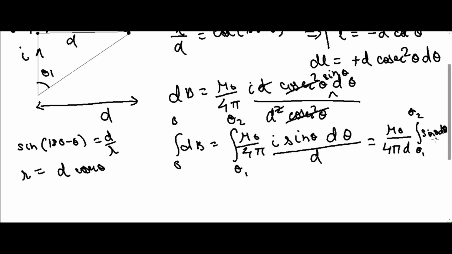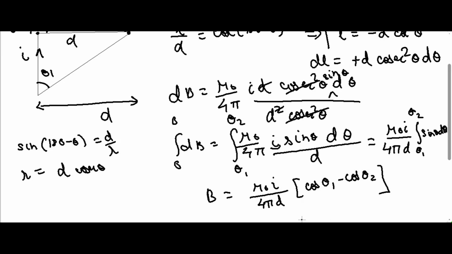And I know that the integration of sin theta is minus cos theta, and if I put in the definite integrals, this B will come out to be, I missed the I here, there is a current also here, mu naught I by 4 pi d times cos theta 1 minus cos theta 2.